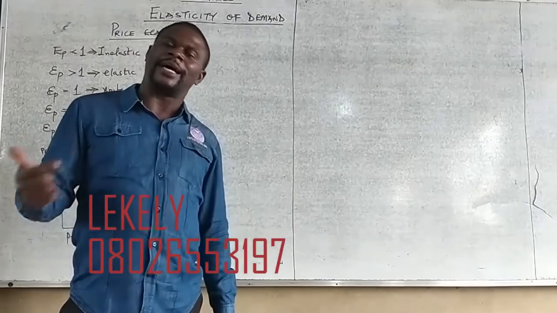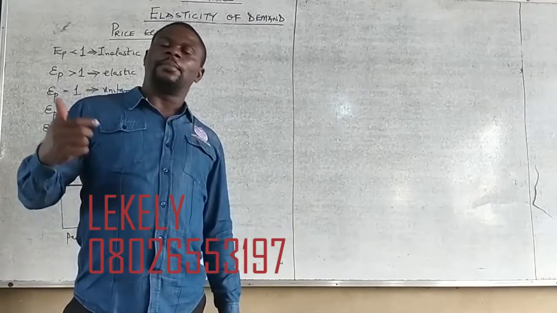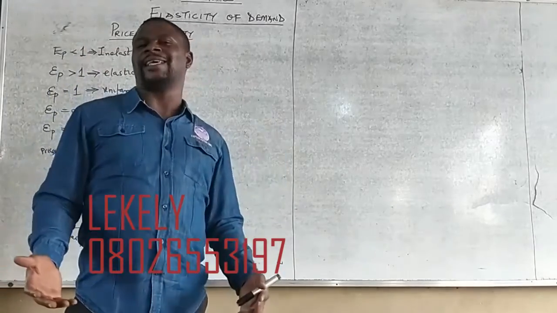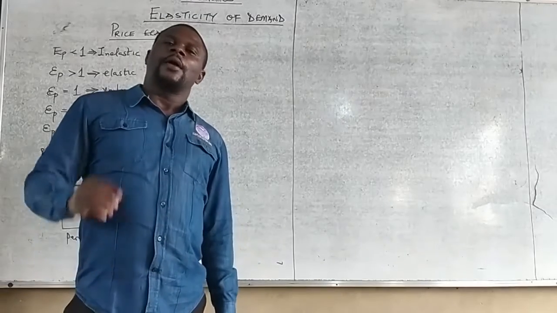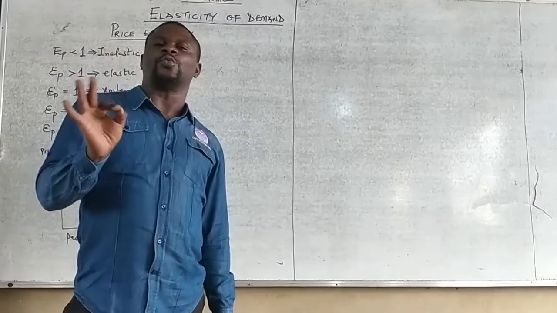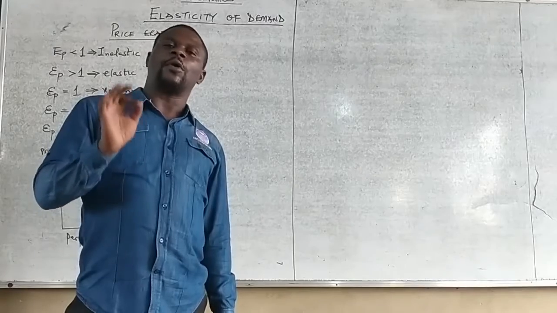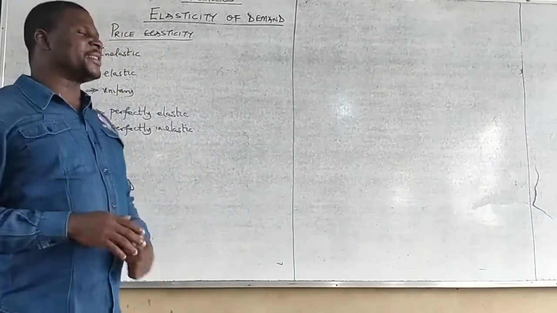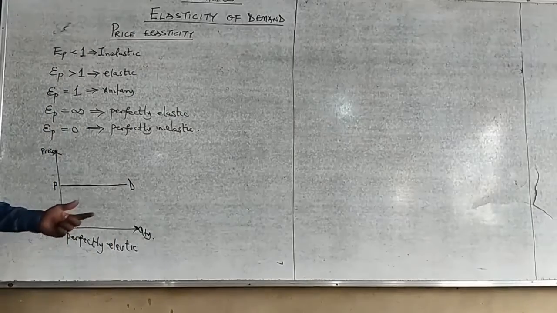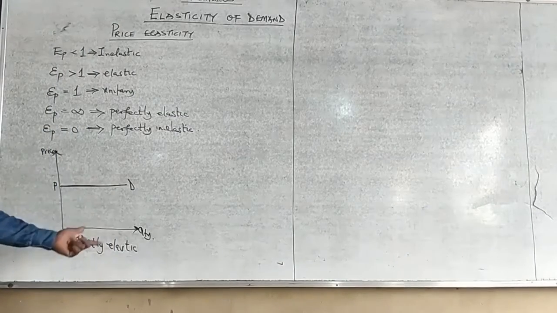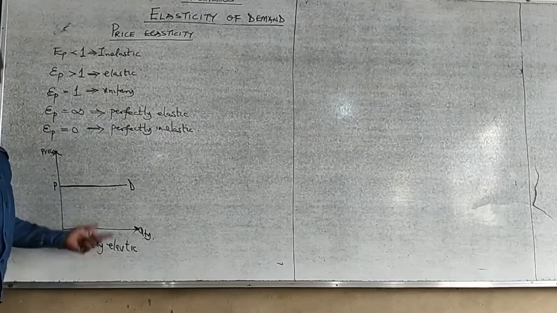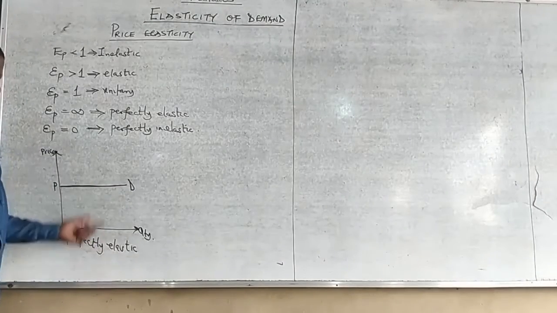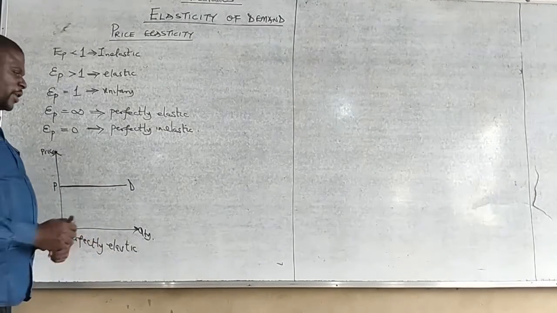You are not really bothered about the price because you have the perfect knowledge of the market. So any product that behaves that way is what we call perfectly elastic demand. So a perfectly elastic demand is that type of demand where what determines the quantity you buy is not the price but other factors, and of course this is the curve for it.